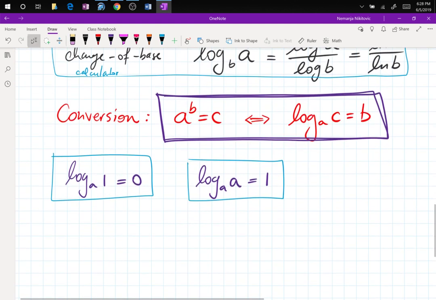And now, if you don't remember these formulas, it's time to recall them because we are going to use them.